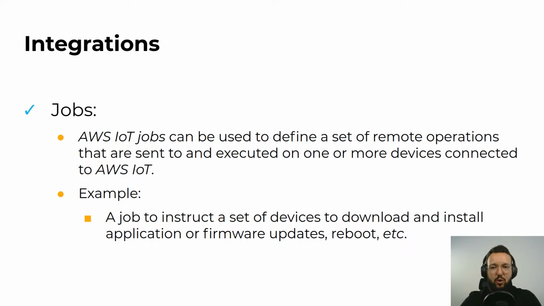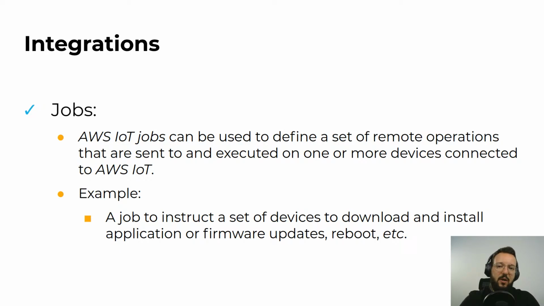In order to use jobs, you need to have the integration with the device shadows, device registry, and so on. But you can also have rules that are scheduling jobs on those devices. An example for a job can be installing, downloading the firmware updates, rebooting those devices, and so on.